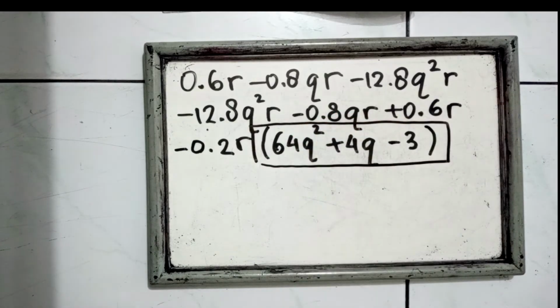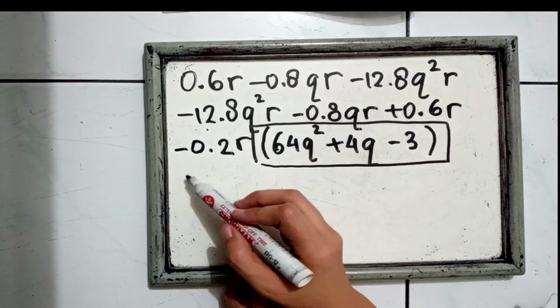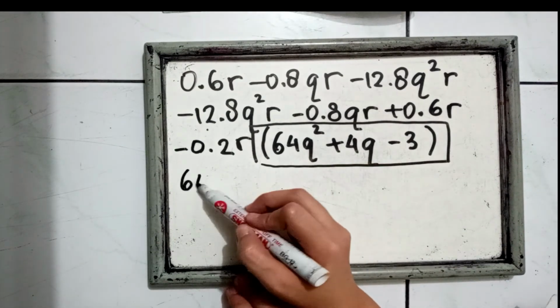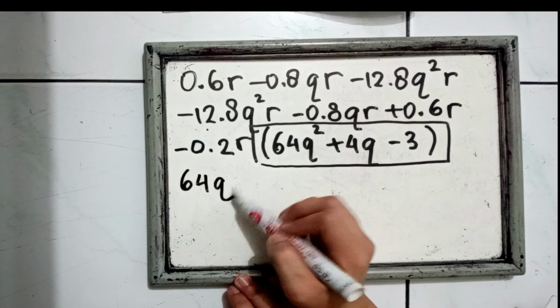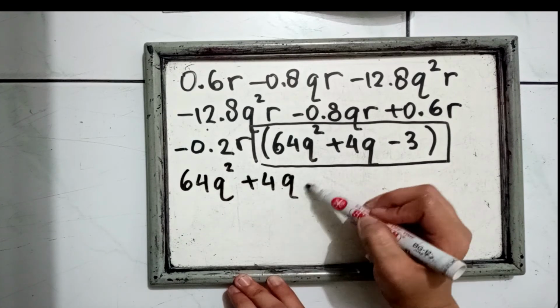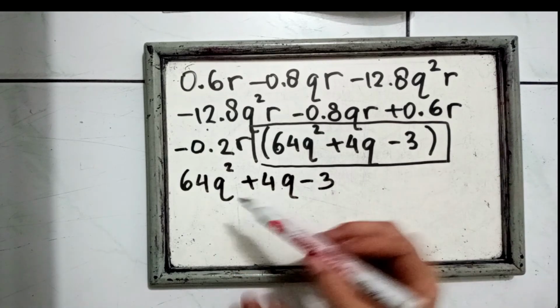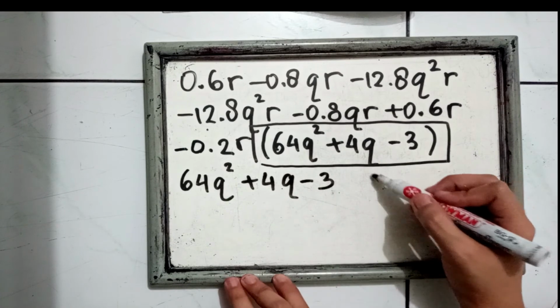Okay, 64Q square plus 4Q minus 3. Same like previous. Let us find numbers. I will make it here.